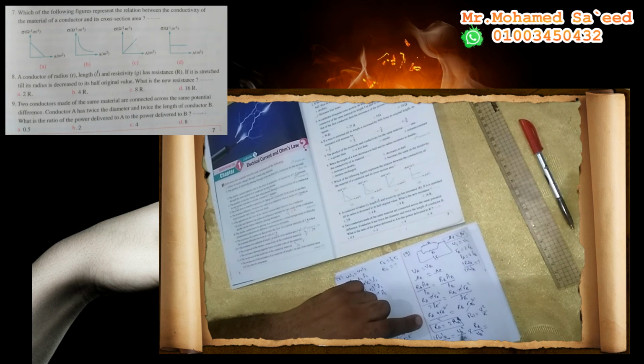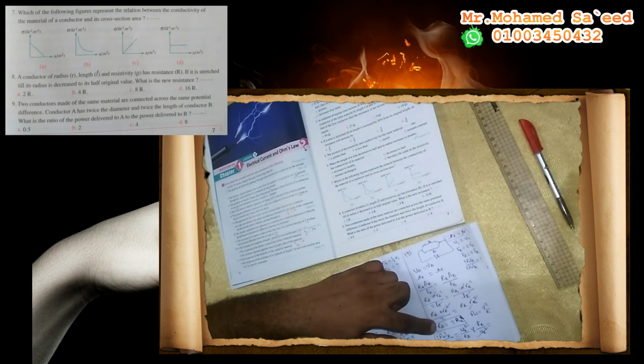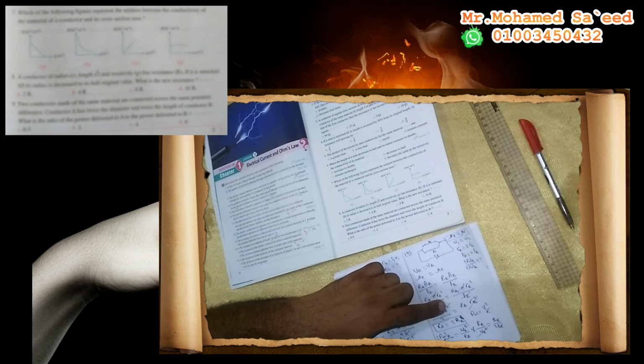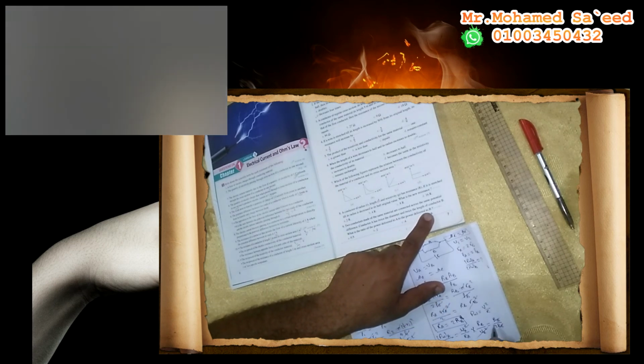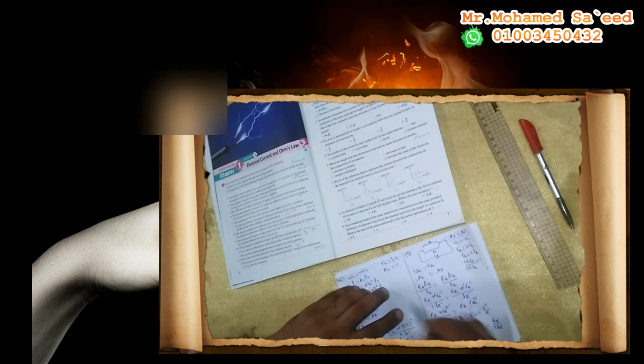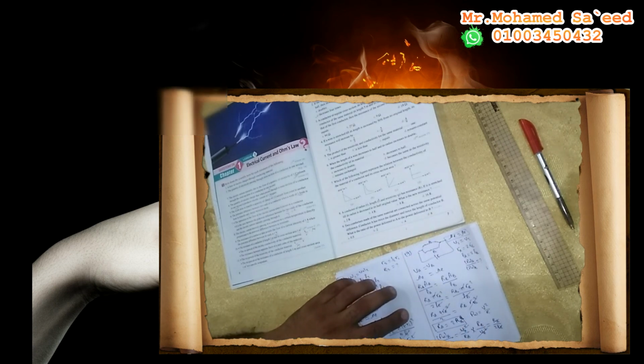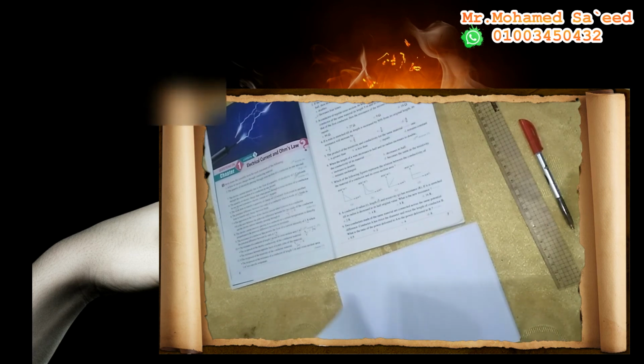VA equals VB, they have the same potential difference, so we cancel VA over VB. RB over RA, we can replace RA with 2RB. RB cancels with RB. So the ratio of the power consumed in wire A to the power delivered to B equals 1 over 2, 0.5. The true answer is 0.5. Another question, number 10.